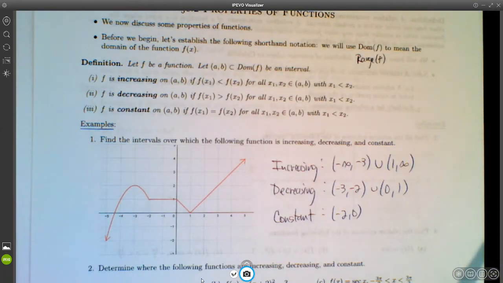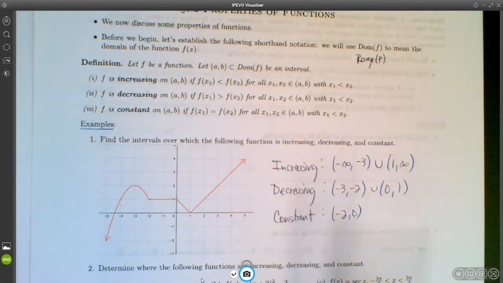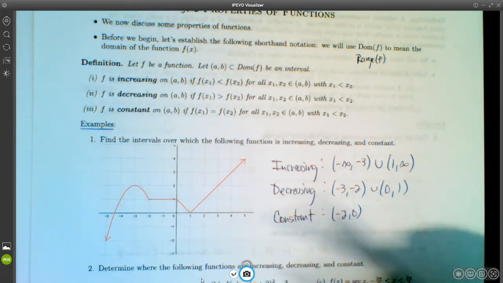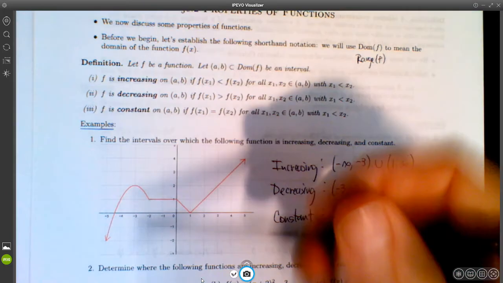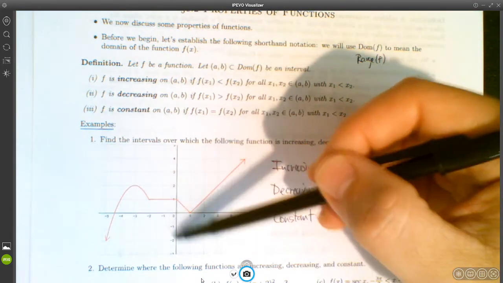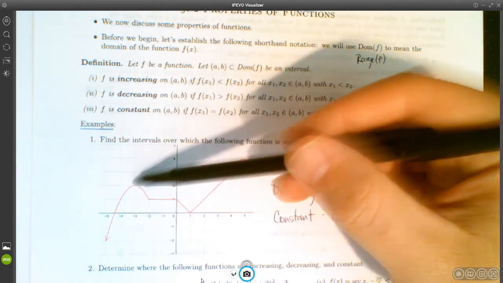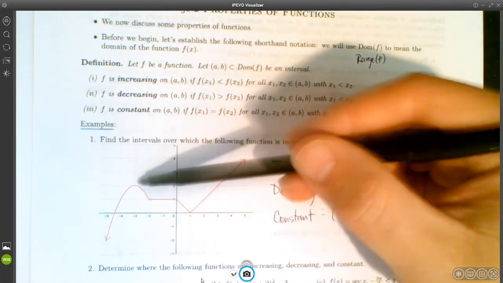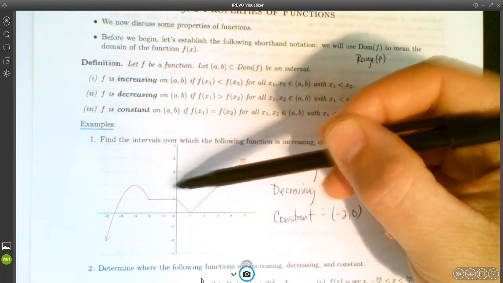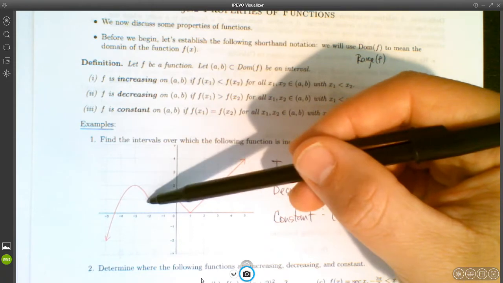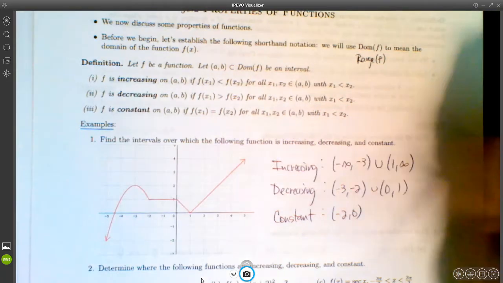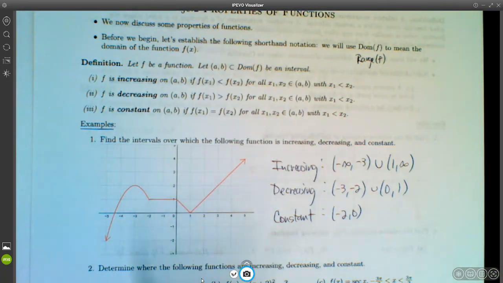One thing that trips students up when I'm asking where it's increasing, where it's decreasing, is that sometimes they mix up the x coordinates with the y coordinates. They might say, oh, here it looks like we're increasing from negative 2 up to positive 2, because they're thinking about the y coordinates. And then we decrease from 2 to 1, and then from 1 to 0. But that's not what's being asked.